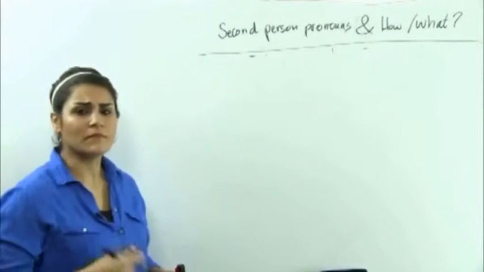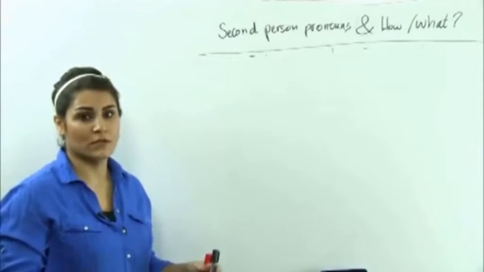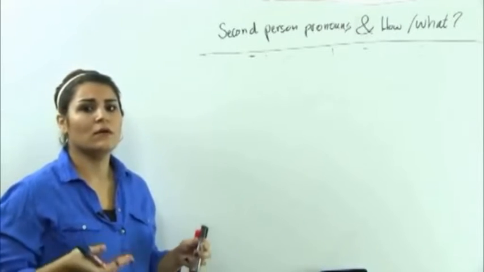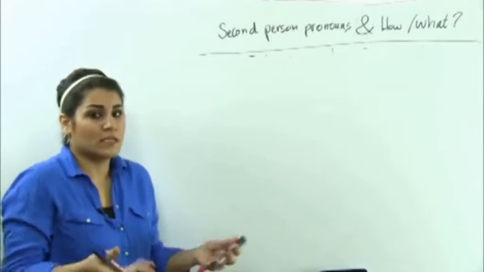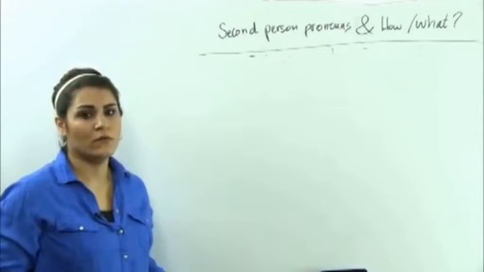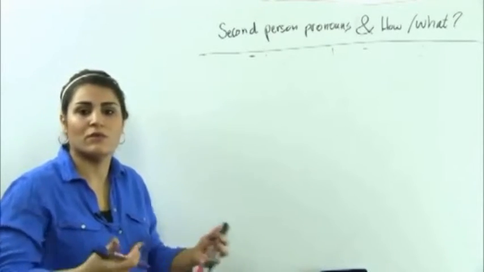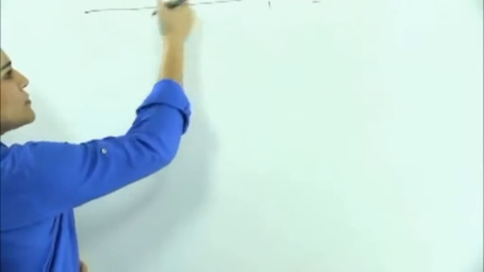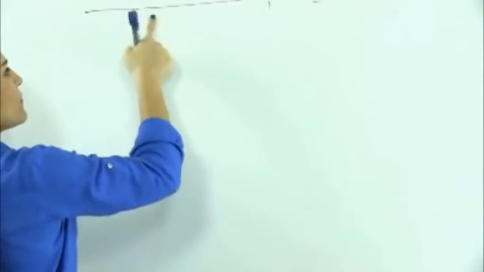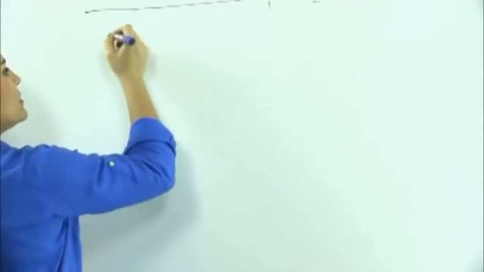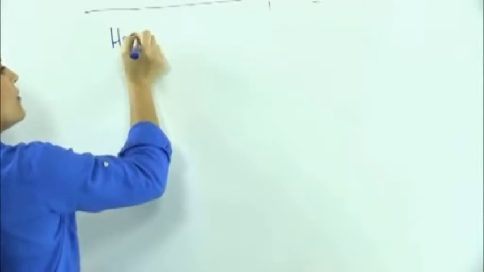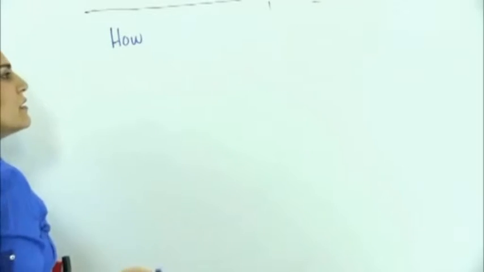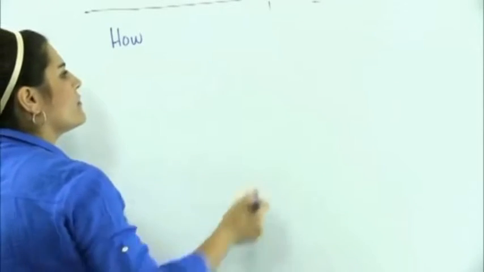Okay, so we start with asking people, how are you? And what are you doing? What's up? How's life? And all of these questions. So, how can we use second person pronouns with how? We start with the question, how, in Arabic, is kif.